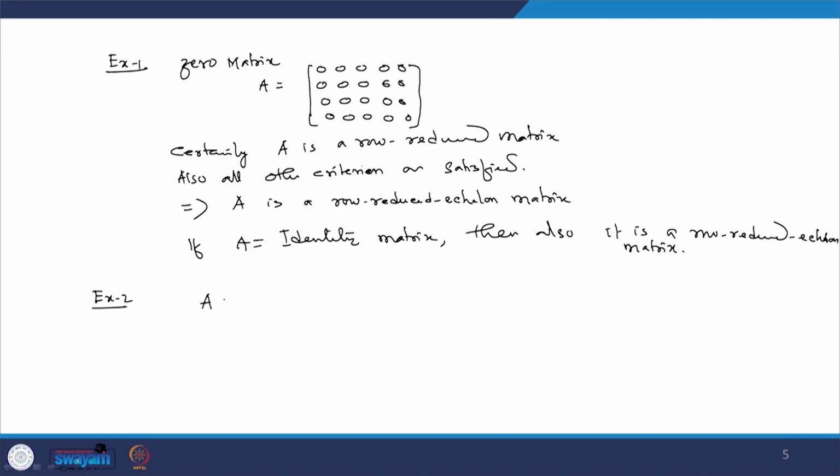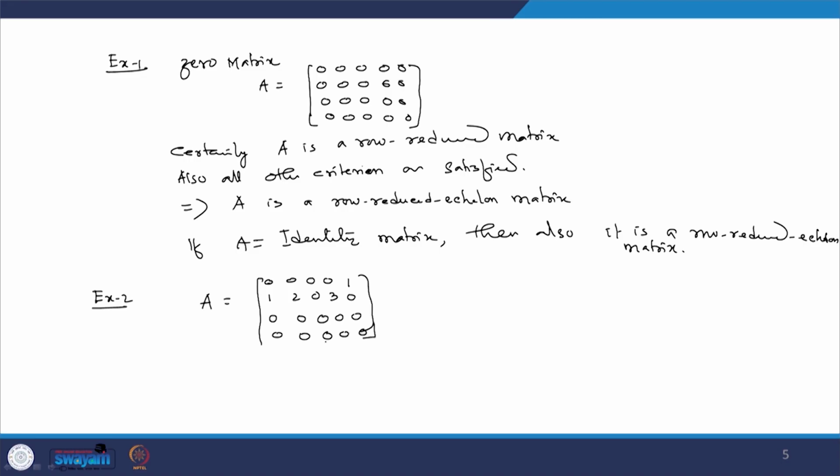Let me consider A equal to, say, 0 0 0 0 1; 1 2 0 3 0; 0 0 0 0 0; and 0 0 0 0 0.